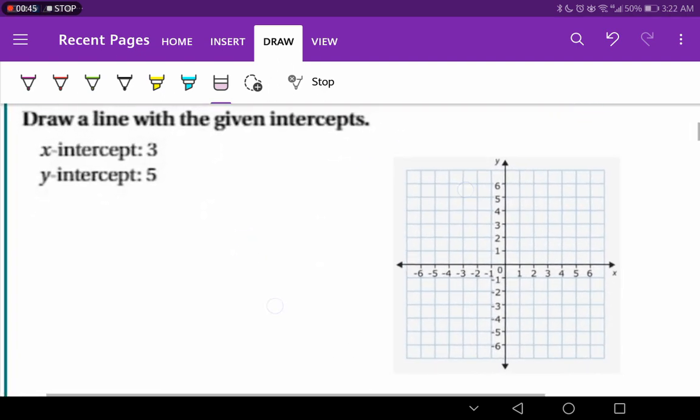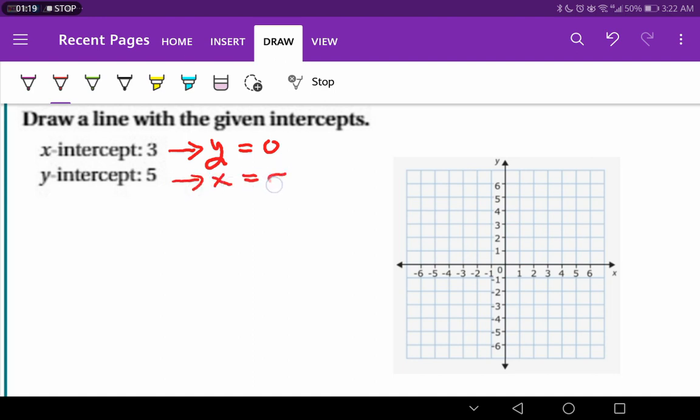He asked me here to draw a line with the given intercepts. X-intercept is 3 and y-intercept is 5. So what do I have to do? The teacher said one time before: x-intercept, y equals 0, and y-intercept, it is x equals 0.